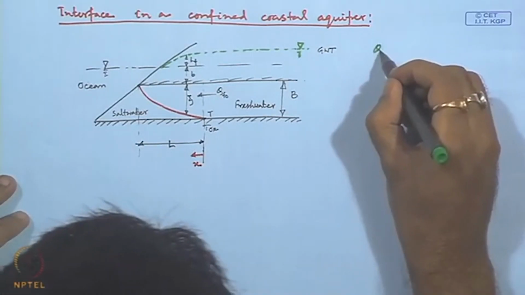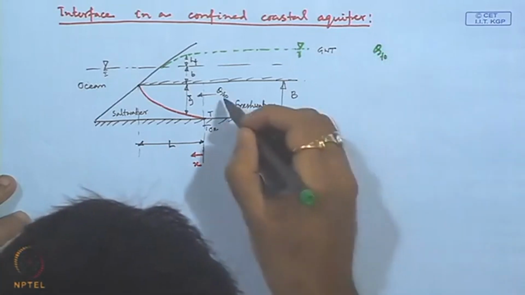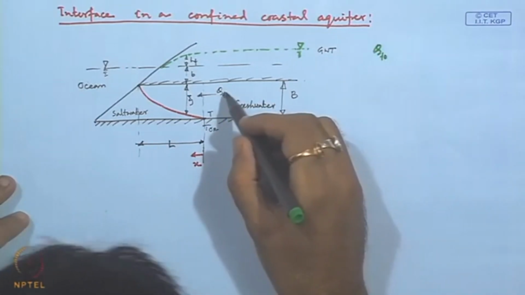What is this q_f0 denoted in this position?